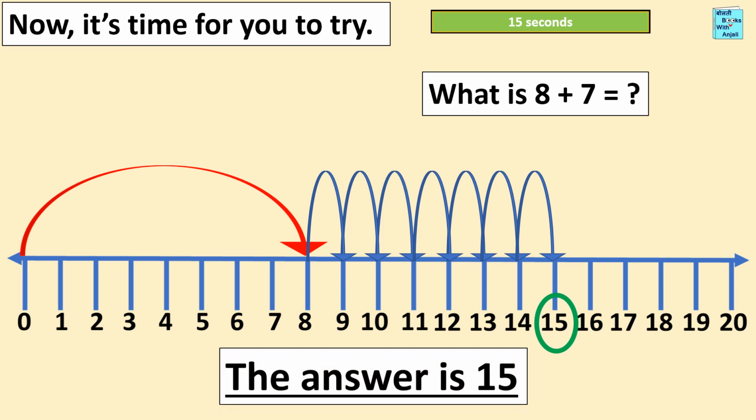The person stands at number 8. The person jumps 7 times and will move towards the right hand side. So, standing at 8, jumping 7 times towards the right hand side will give you 15. Answer is 8 plus 7 is equal to 15.